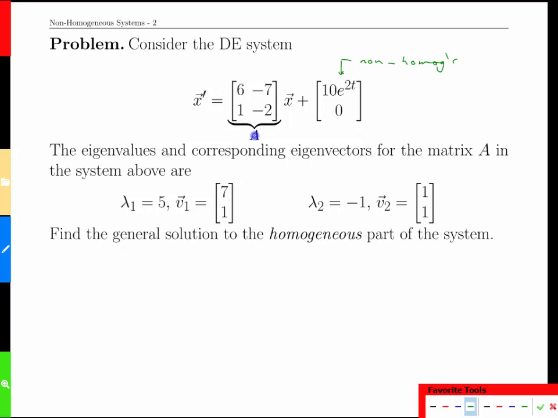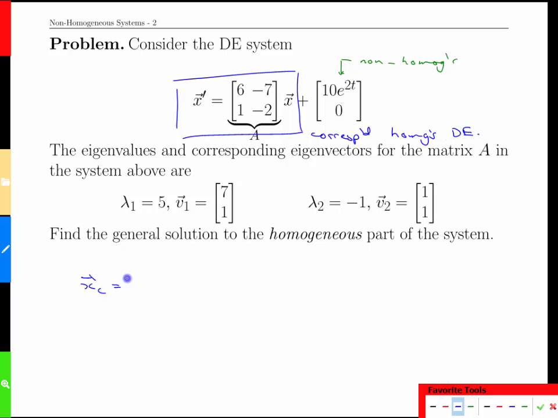We'll save some time by looking at A and pre-calculating the eigenvalues and eigenvectors. And when we do that, we can immediately write the solution to the corresponding homogeneous part, which is this. This is the corresponding homogeneous version.